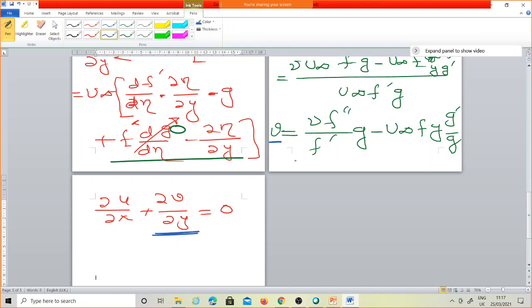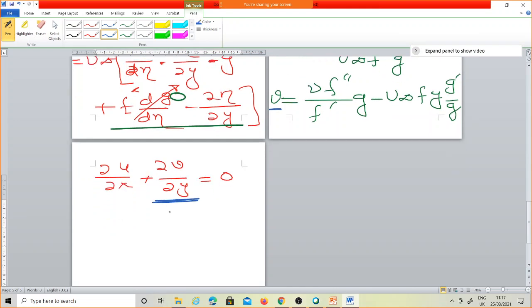So we need to differentiate this one with respect to y again. Okay, so many differentiations, right? So we need to do del v by del y, differentiating with respect to y. Okay, so just one by one.